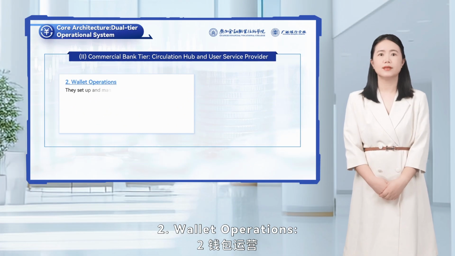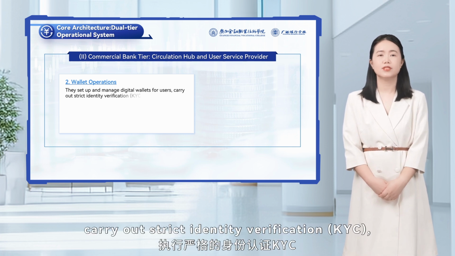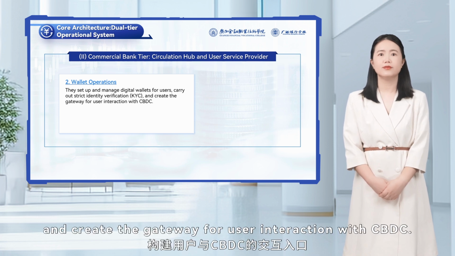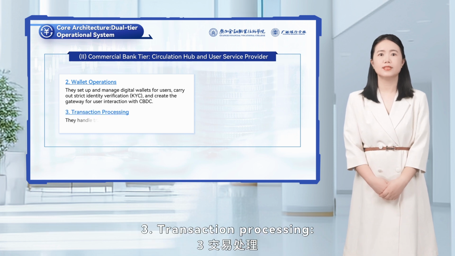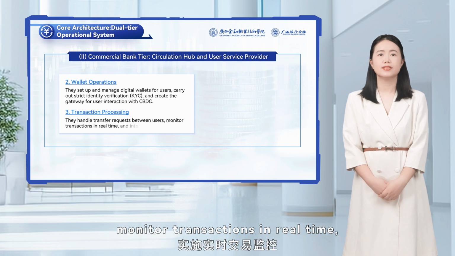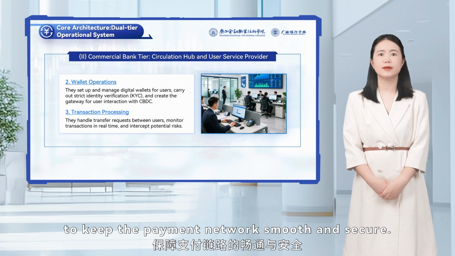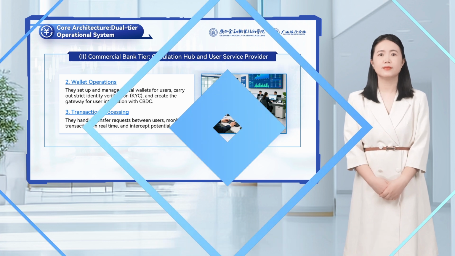Wallet operations. They set up and manage digital wallets for users, carry out strict identity verification (KYC), and create the gateway for user interaction with CBDC. 3. Transaction processing. They handle transfer requests between users, monitor transactions in real time, and intercept potential risks to keep the payment network smooth and secure.